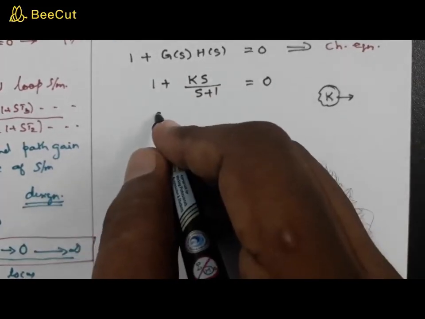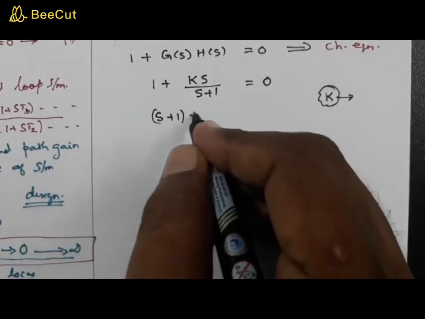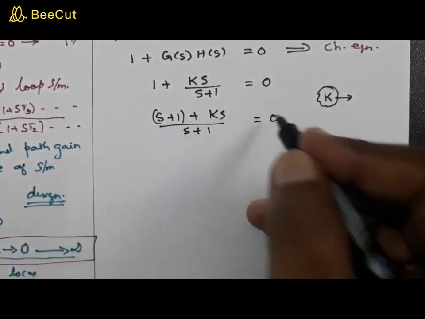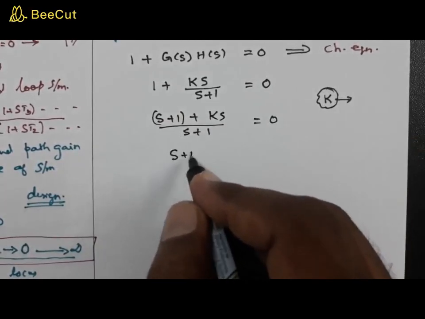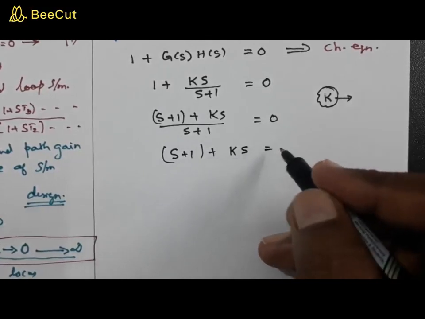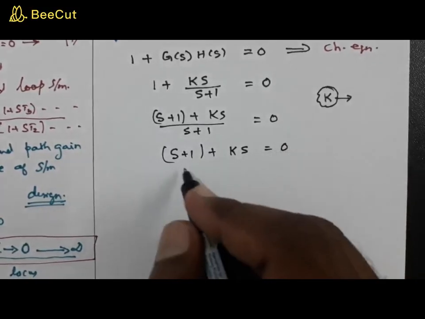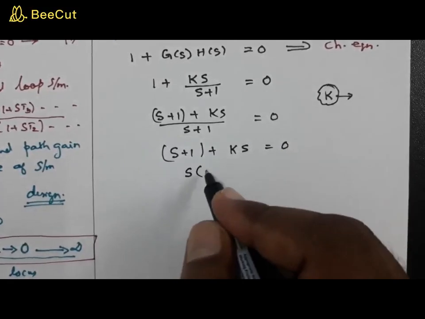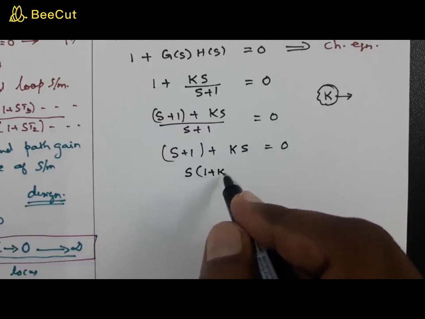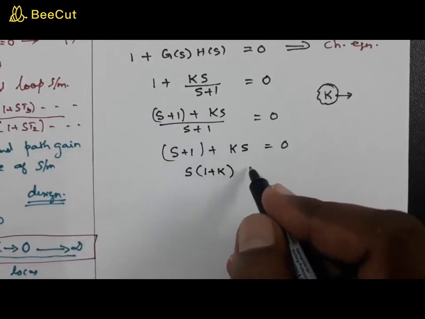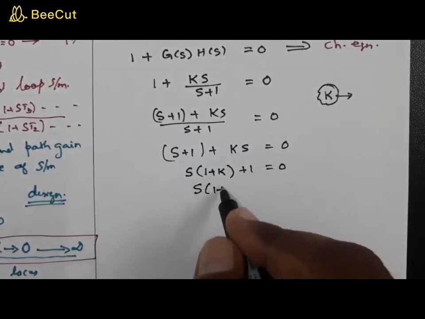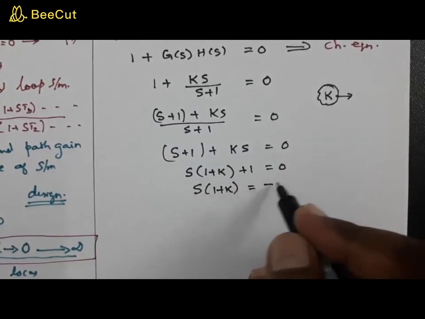Now, using this, you can multiply, and this will be s plus 1 plus ks divided by s plus 1 is equal to 0. So from this you can write s plus 1 plus ks is equal to 0, or taking s as common, s into (1 plus k) plus 1 is equal to 0, or s into (1 plus k) is equal to minus 1.